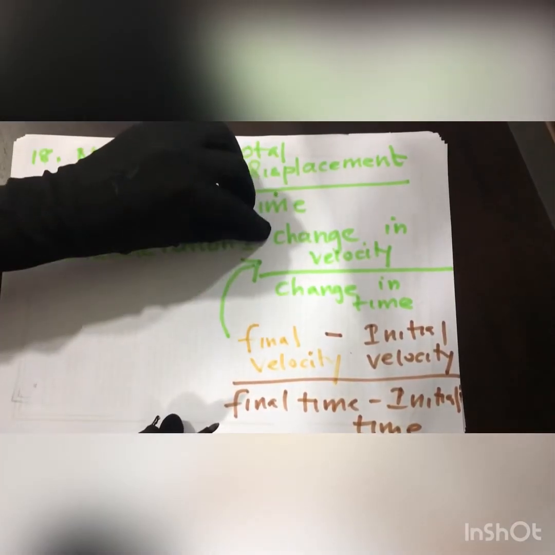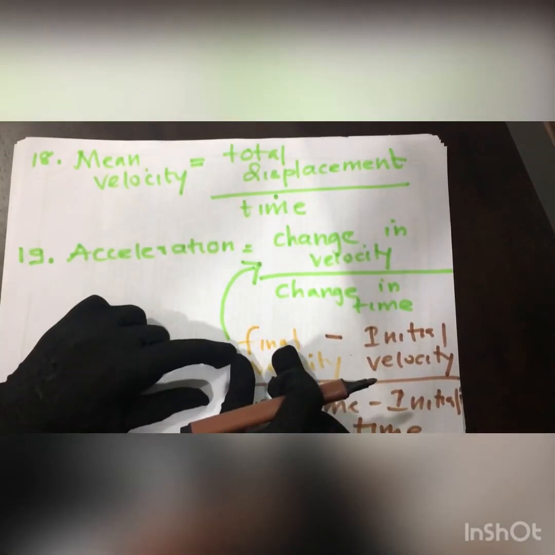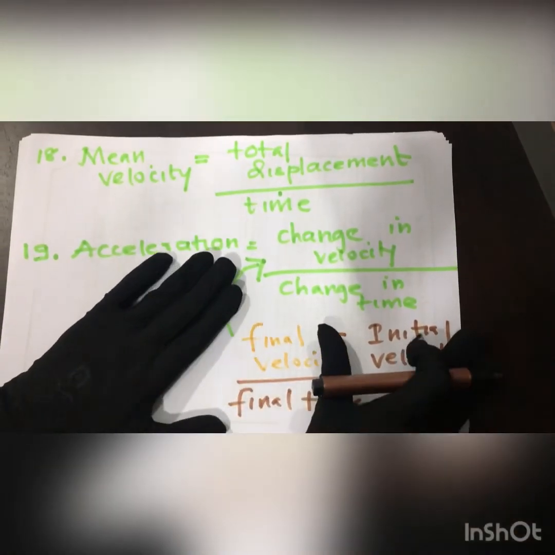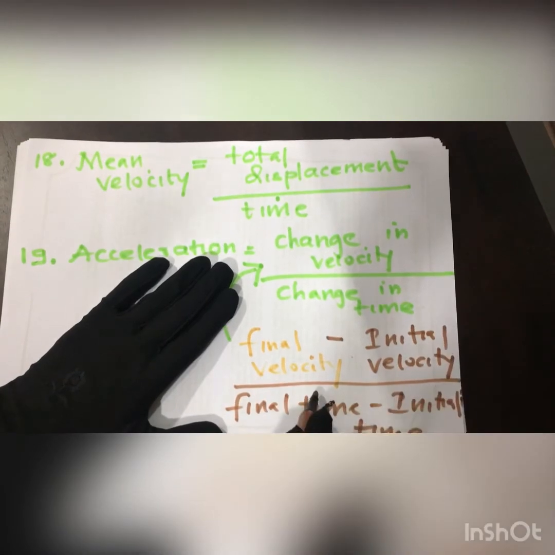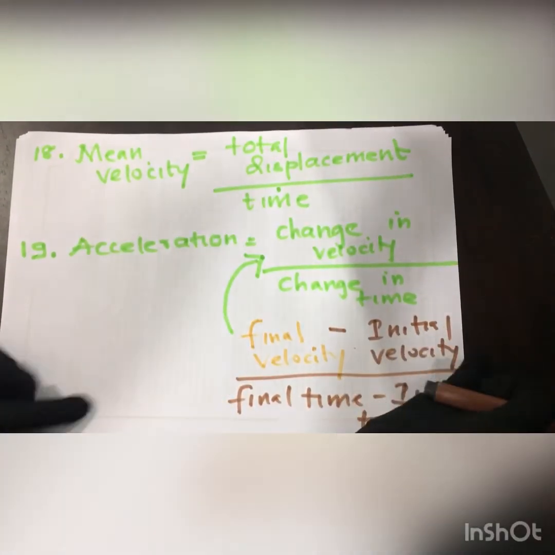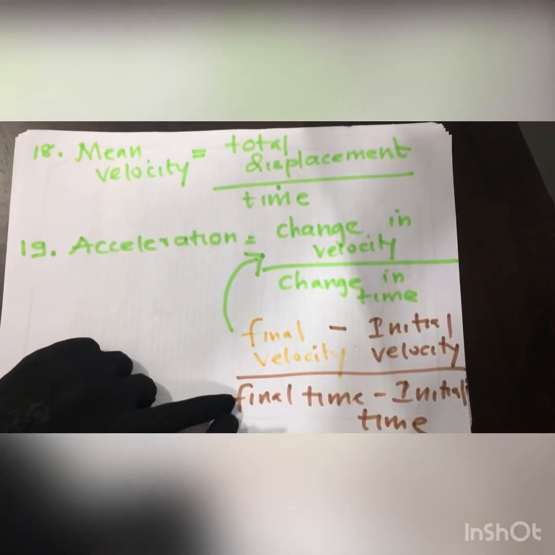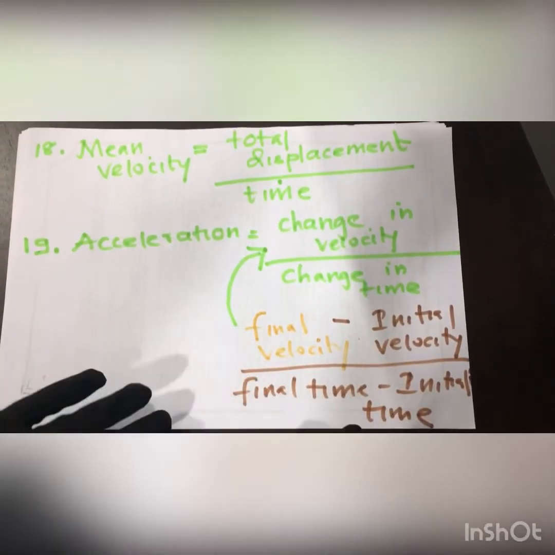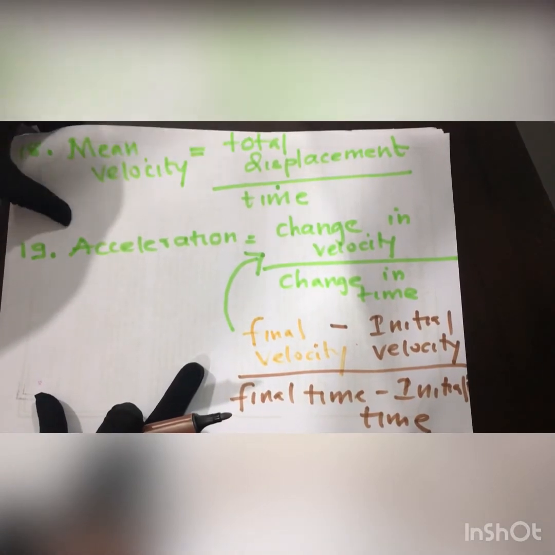Change in velocity is the difference between the final velocity and the initial velocity. Final is the ending velocity, initial is the starting velocity. In the same way, final time is the ending time and initial time is the starting time.